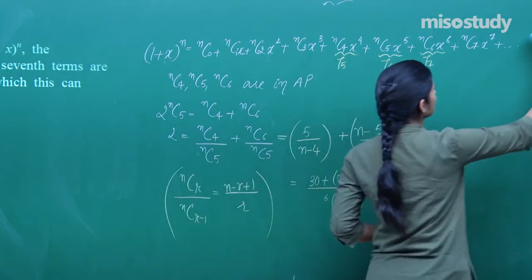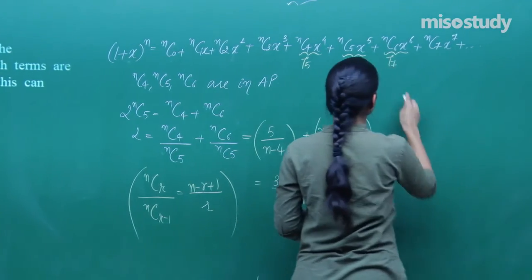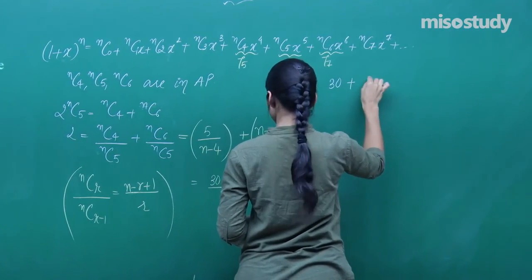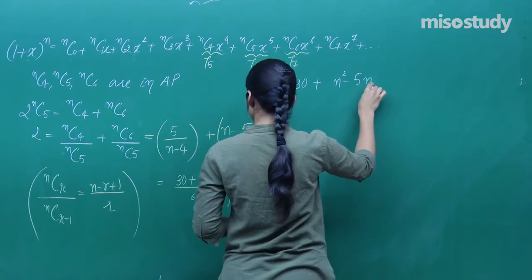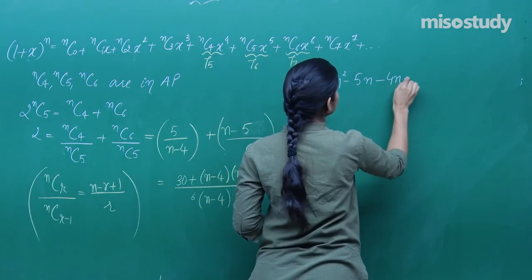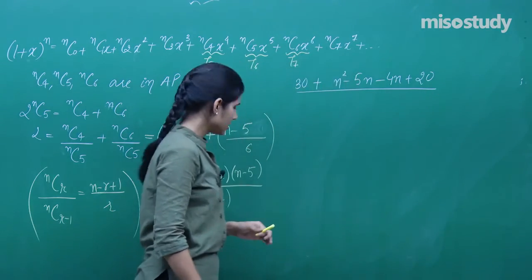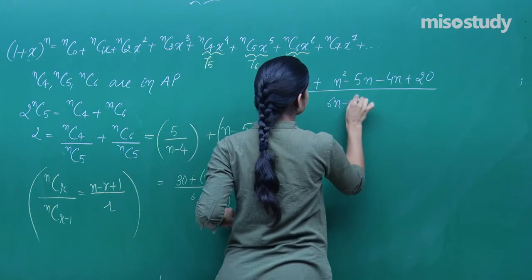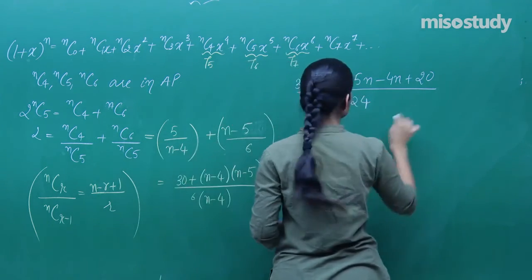Now next is what? We have 30 plus n square minus 5n minus 4n plus 20 whole upon 6n minus 24. This is equal to actually 2.